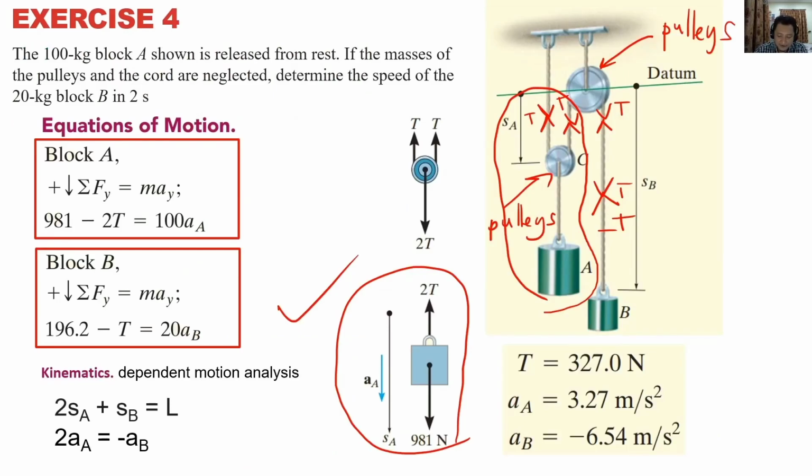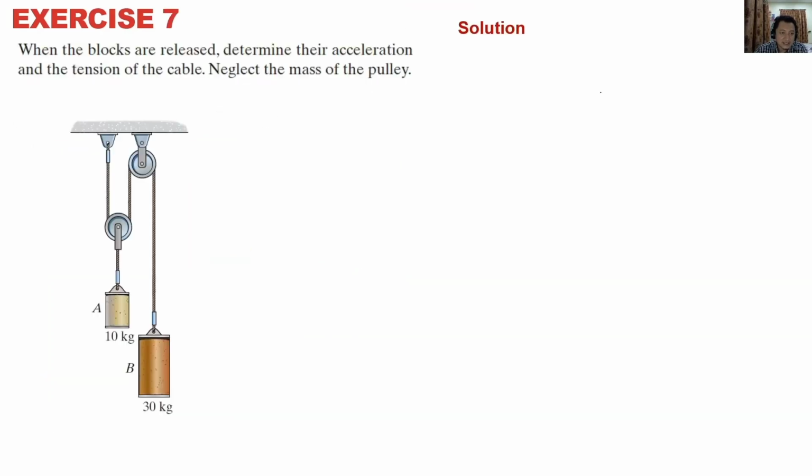So exercise 4 and exercise 7 is almost similar. So let's do this one. Okay. Let's read and understand. When the blocks are released, determine their acceleration and the tension of the cable. Neglect the mass of the pulley.